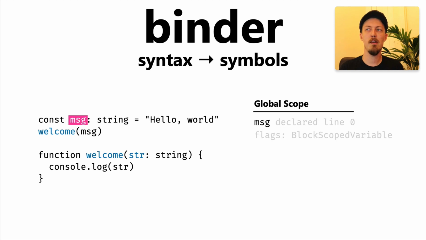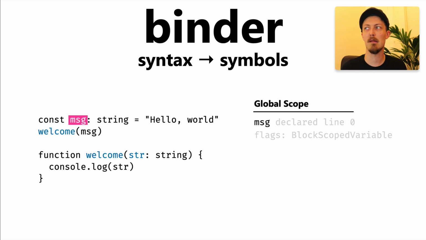So we start going from left to right via this sort of tree traversal system, and start picking out when we have seen identifiers and where they were declared and what sort of flags can be applied to them.